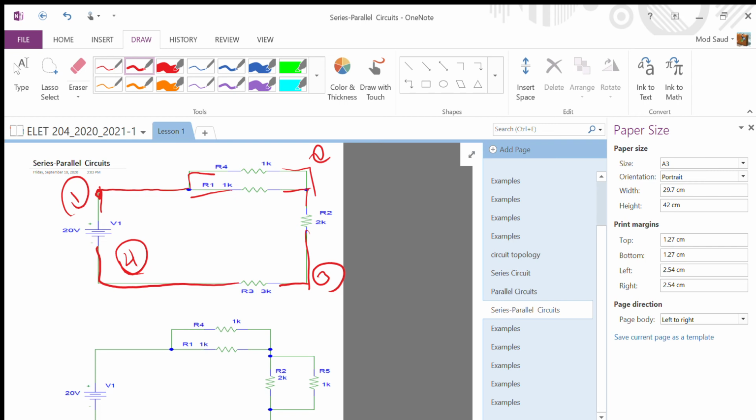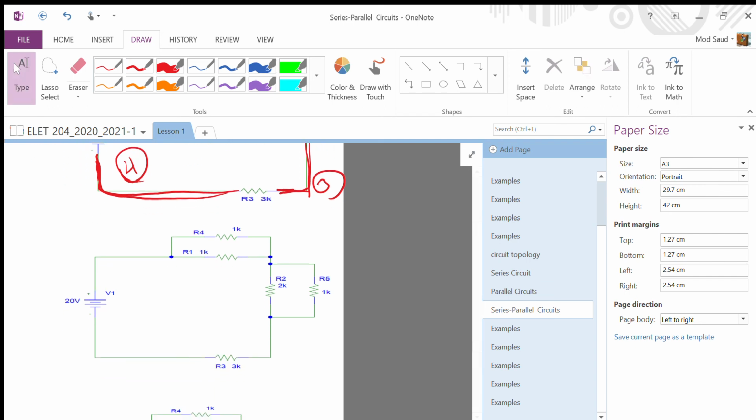Is it a series? I have to check the series checkpoint, which is each node connecting only 2 elements. This node connecting 3 elements. So, sorry, this is not a series. More than 2 nodes, some nodes are connecting more than 2 elements. Look at this node connecting only 2 elements. This node connecting only 2 elements. But this one, 3 elements, and this one, 3 elements. So this is a series parallel circuit.